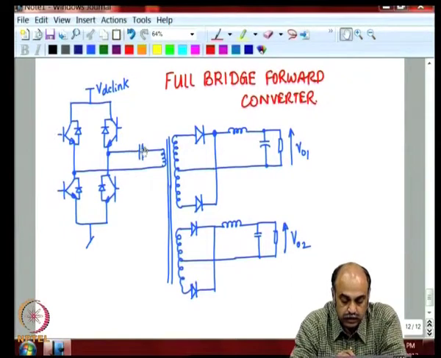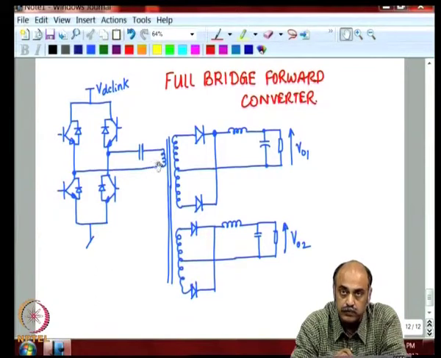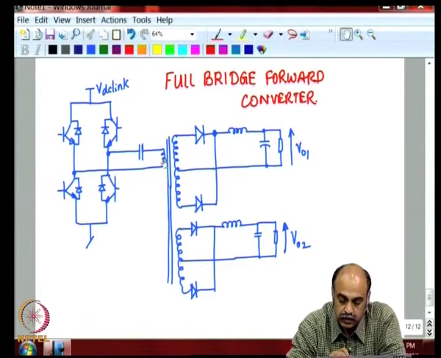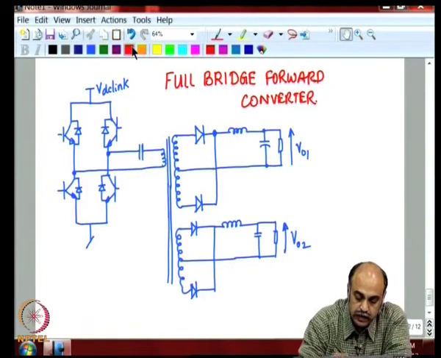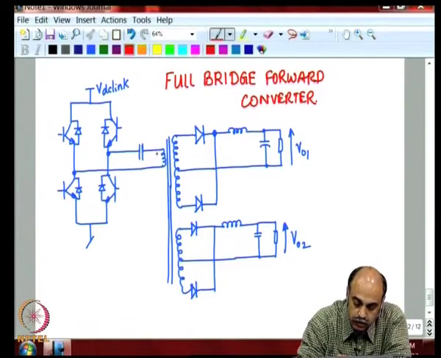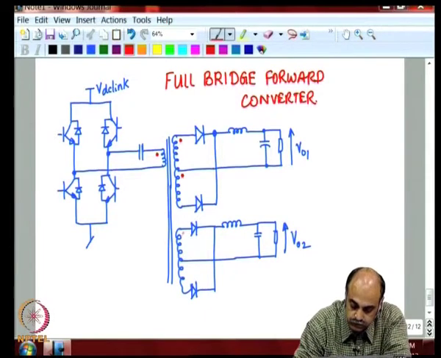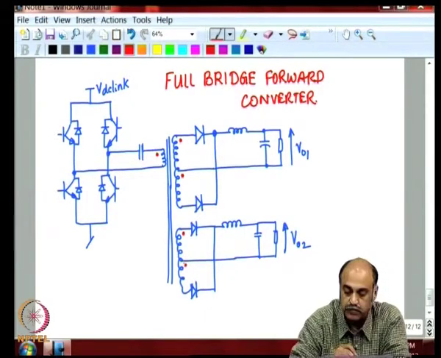You have a capacitance here which blocks any DC going to the transformer, and therefore prevents the transformer flux from walking away towards saturation. This is in fact called the flux walking transformer. And do not forget the dot polarities of the forward converter. This is a buck derived forward converter.